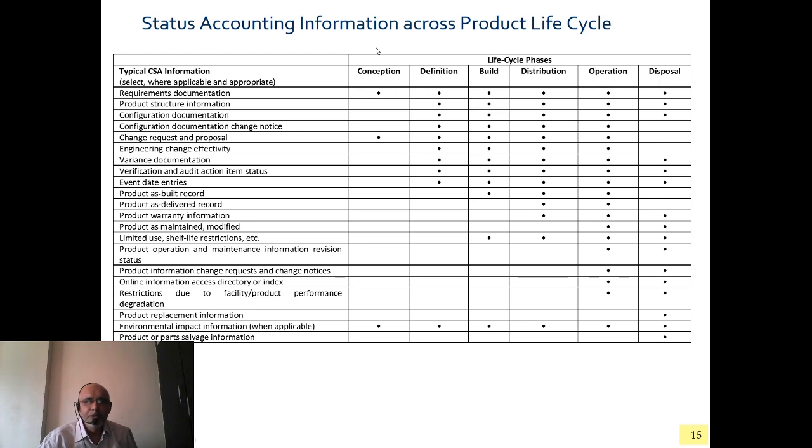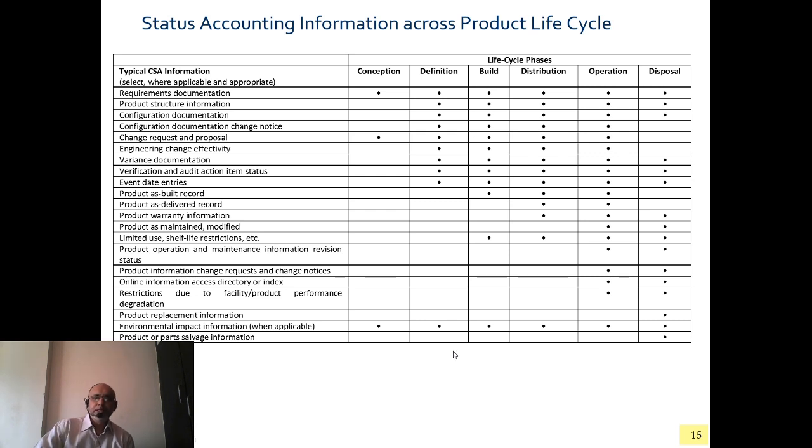For example, for conception, the foremost important status accounting information is the requirement document, and then the change request proposal, and then the environment impact information. Just three. The rest are not there in the dictionary of conception as a phase.